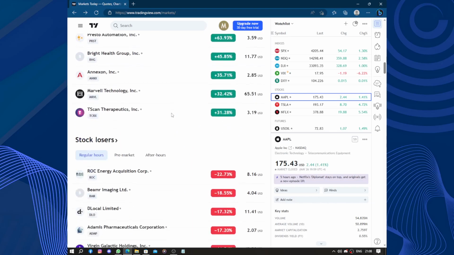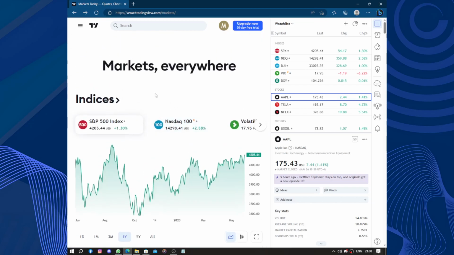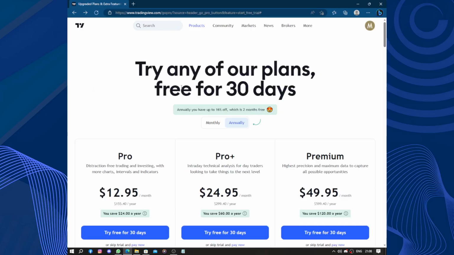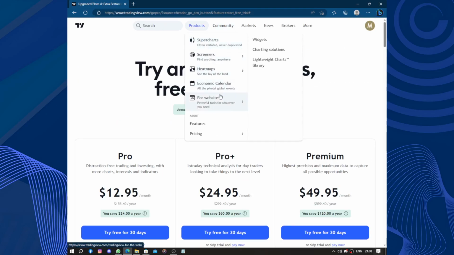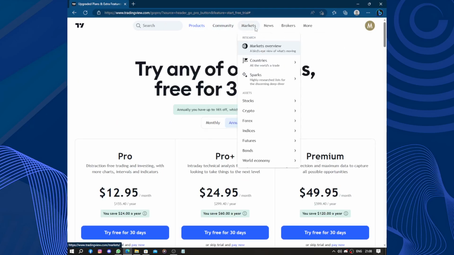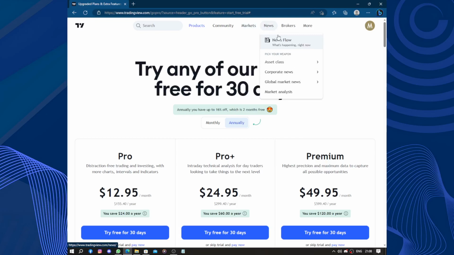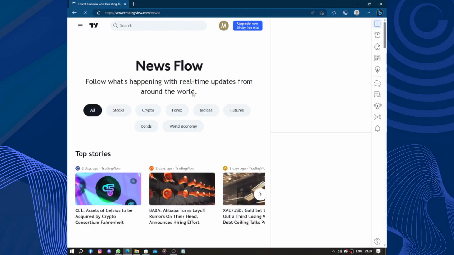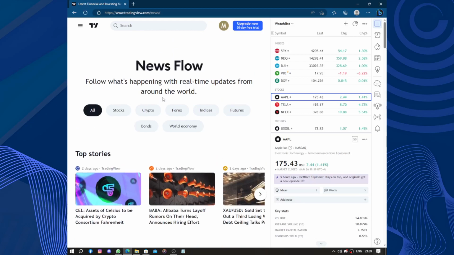I'm not a forex trader or something like this. I'm not even engaged. I don't know anything. I'm just describing what I see. So here we have the news flows, any news. And this website is really easy and user friendly.